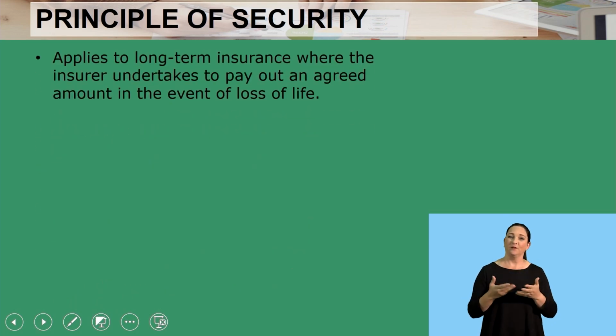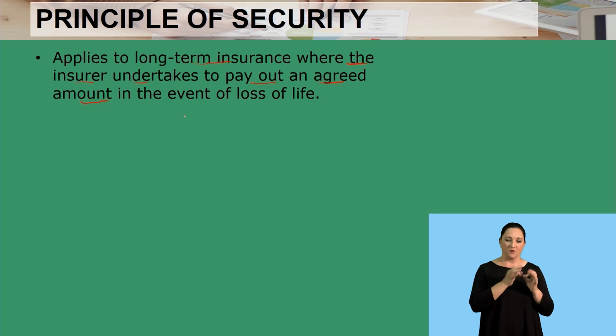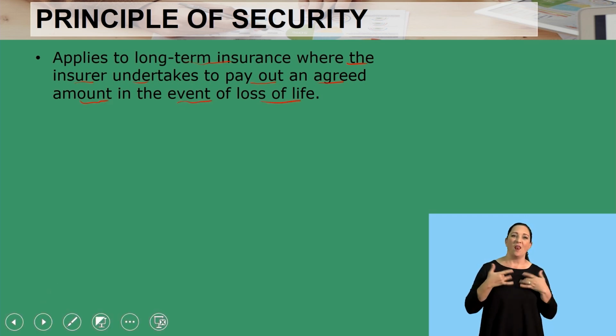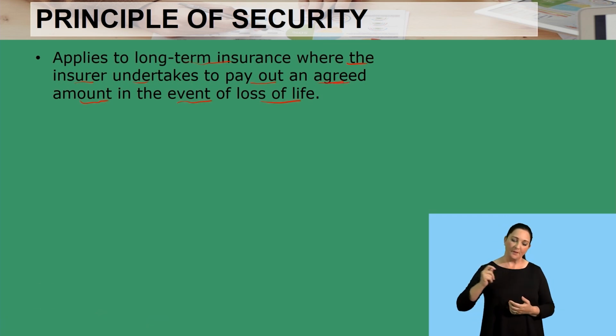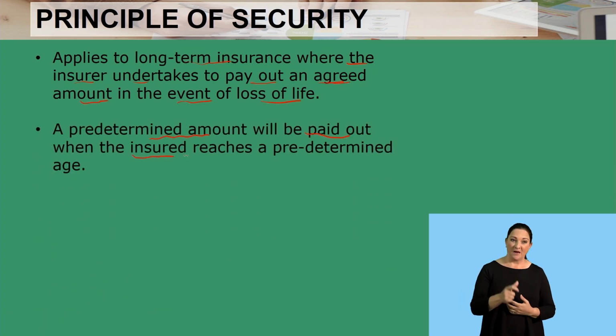This is applicable to long-term insurance, where the insurer undertakes to pay out an agreed upon amount in an event of loss of life. So should the insured lose their life, they will be paid an agreed upon amount, and then a predetermined amount will be paid out when the insured reaches a predetermined age. This would be applicable to retirement.